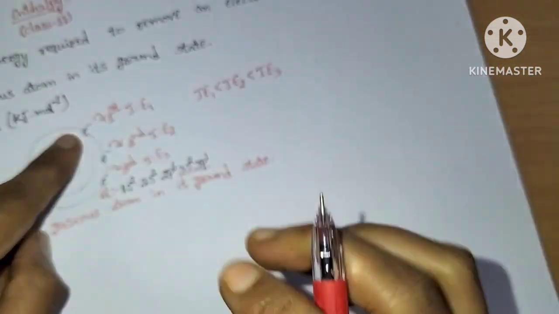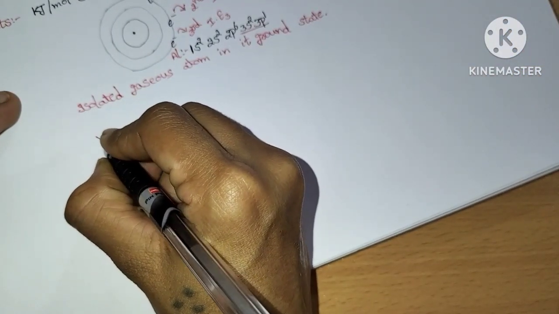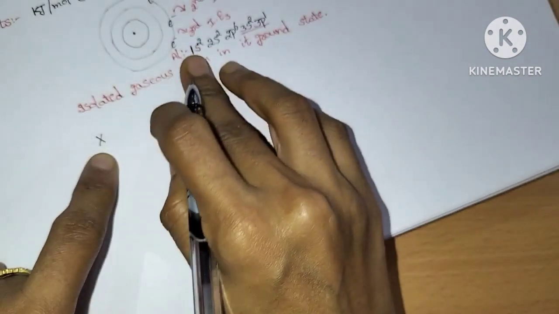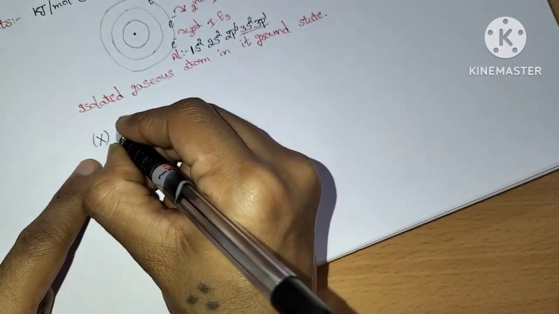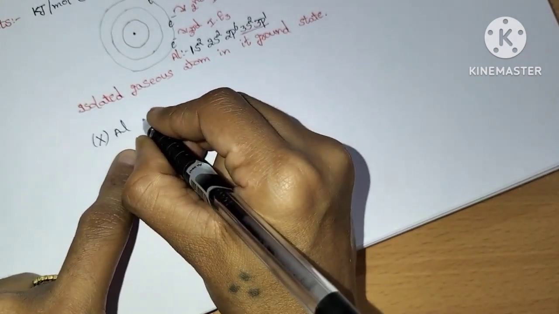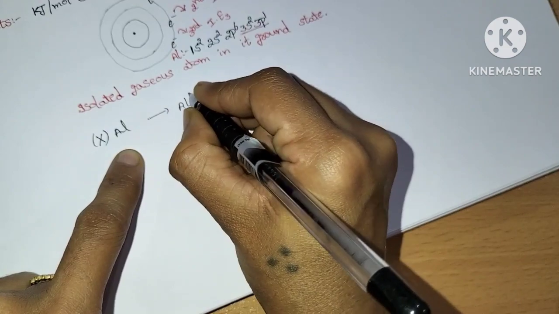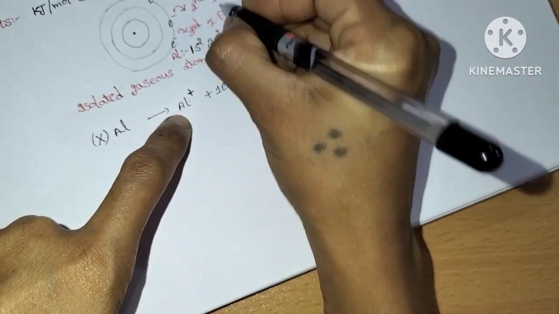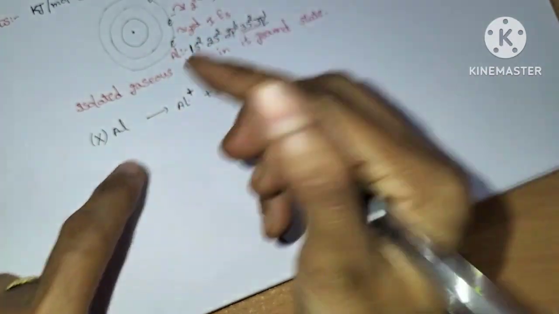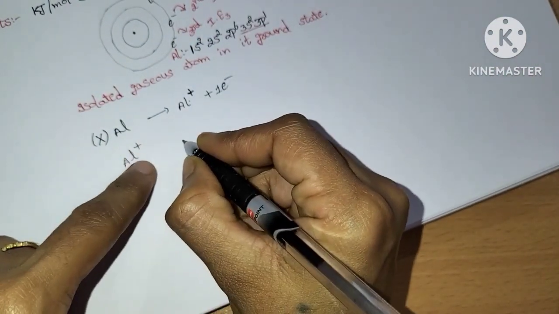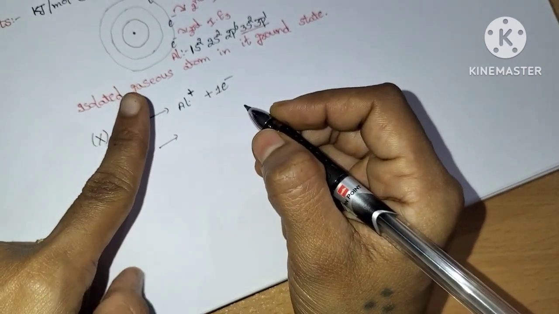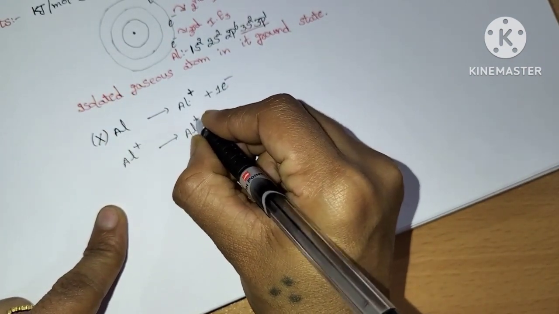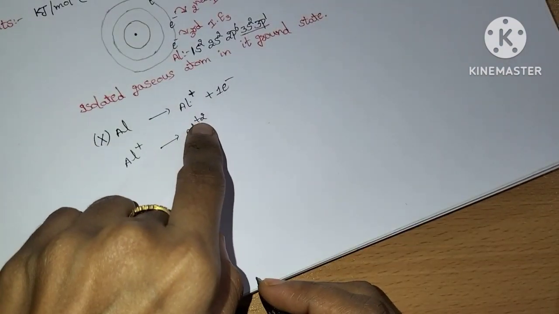Because after removing 2 electrons, see, in equation form I will try to explain. For example, I am considering the atom as X. Here I said aluminium, right? Aluminium only we will take. From aluminium, if 1 electron is removed, it becomes Al plus. Similarly, for the second ionization energy, from Al plus, aluminium with 1 positive charge, if 1 electron is removed, it becomes Al 2 plus, means it will get 2 positive charges.